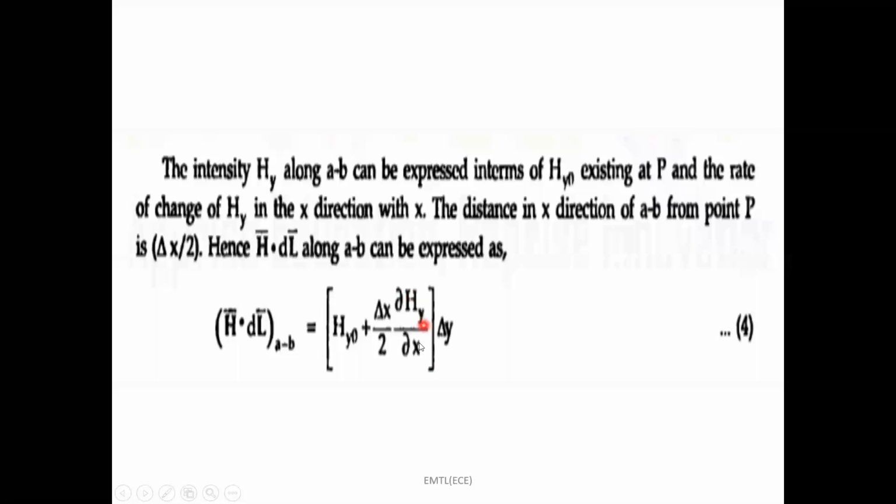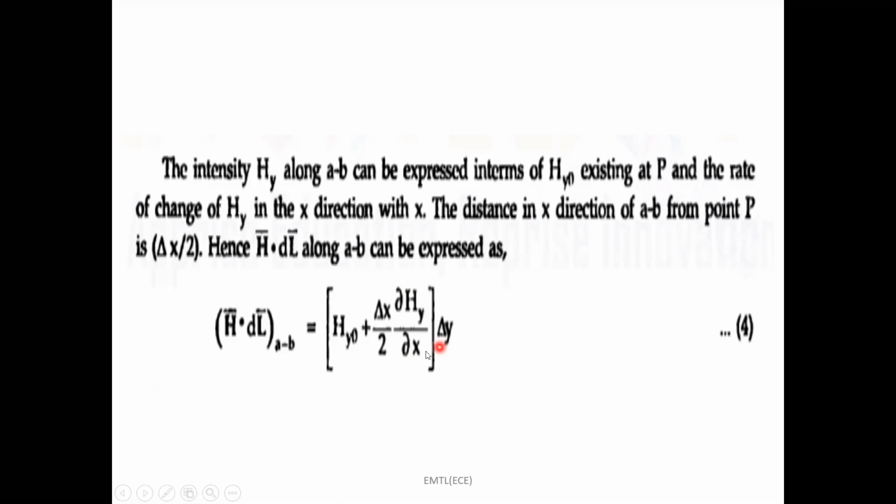This is the expression for the H bar, and delta y is the expression for the dl. Why? Because the distance from A to B is delta y. This is the total expression for the H bar at P due to current passed from A to B direction.